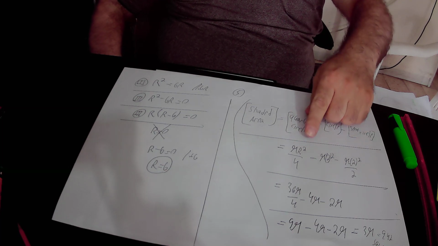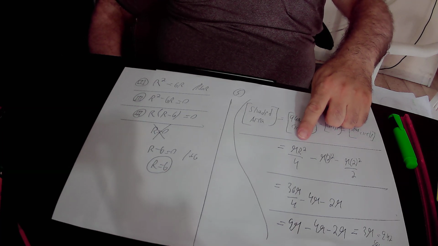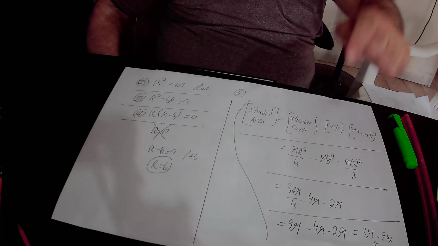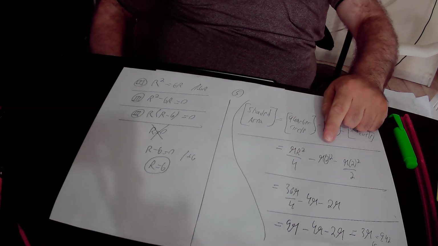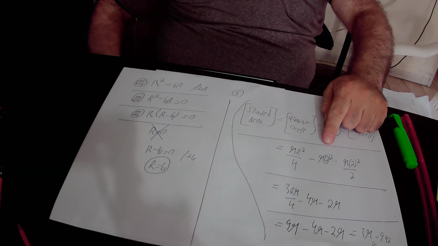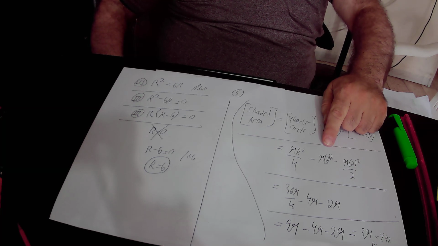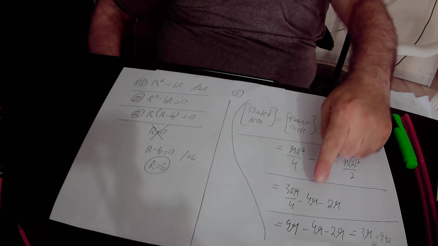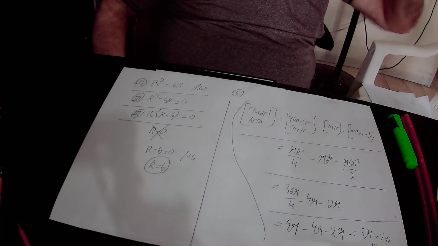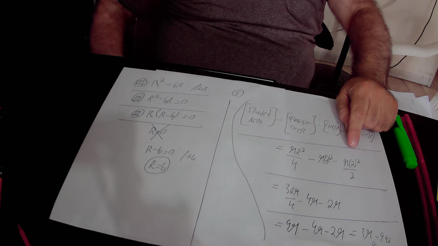So in total this expression equals 36 pi over 4, that is the area of the quarter circle, minus the area of the circle, that is pi 2 squared. 2 squared is 4, so it is minus 4 pi, that is the area of the circle, minus the area of the semicircle.